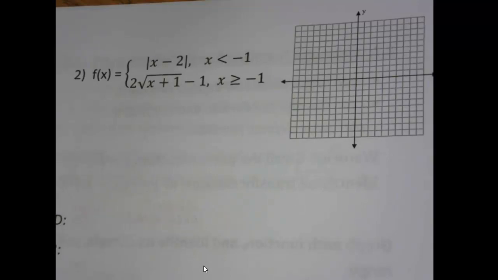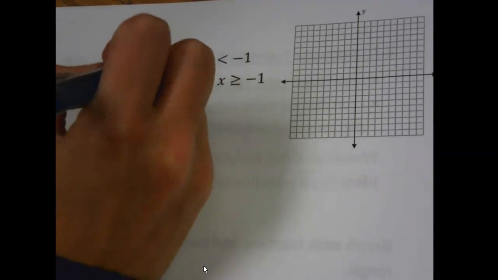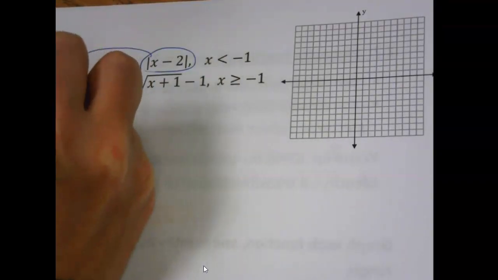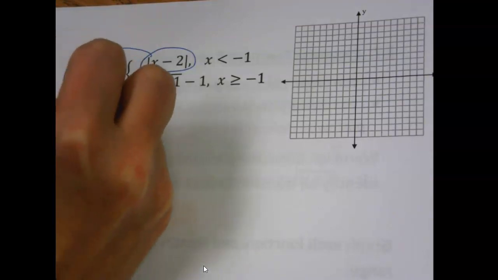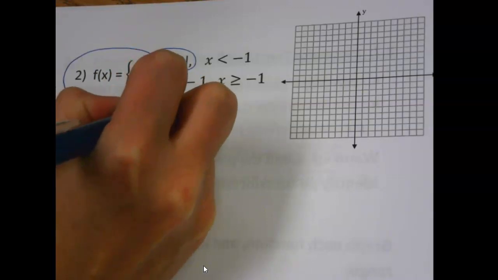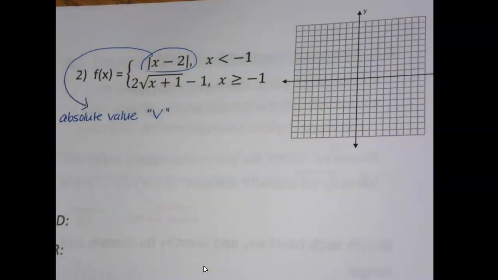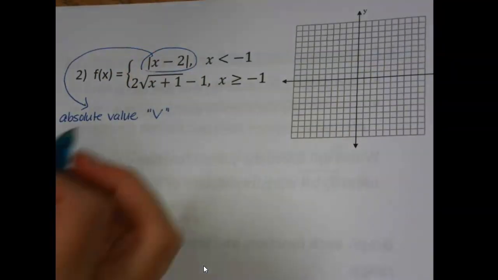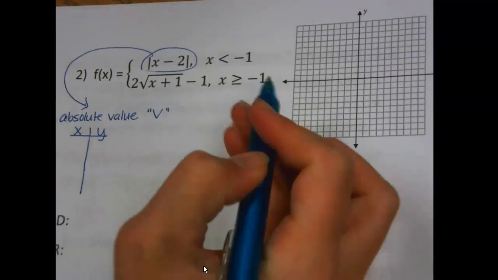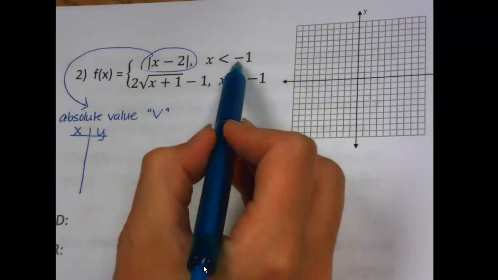All right, so when I look at this one, I look at this first equation and I note that it is an absolute value. And I know that absolute value graphs typically look like a V. So I'm going to keep that in mind when I'm graphing. It needs to look like a V. When I make my table, I'm going to look at my domain. It says x is less than -1.